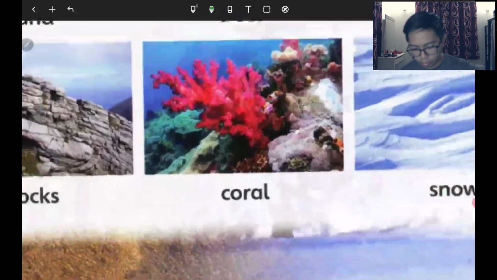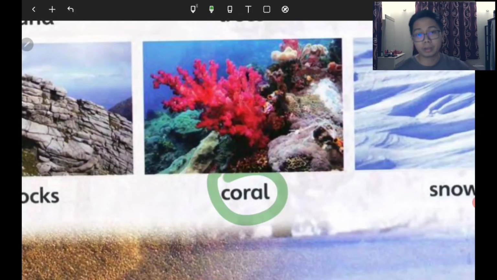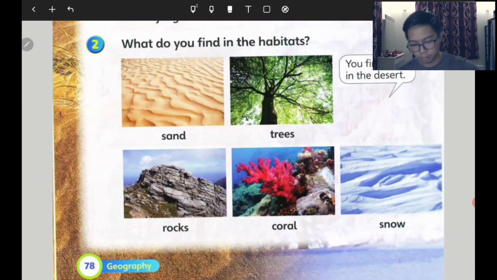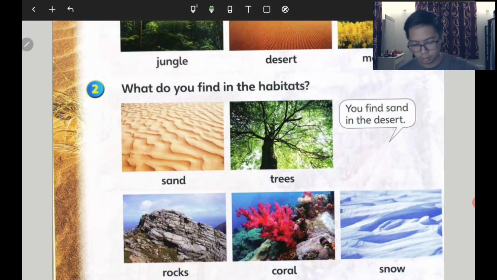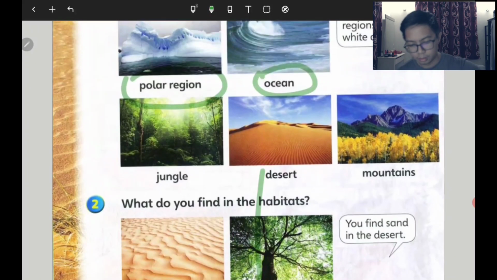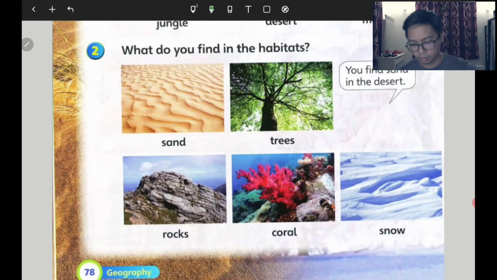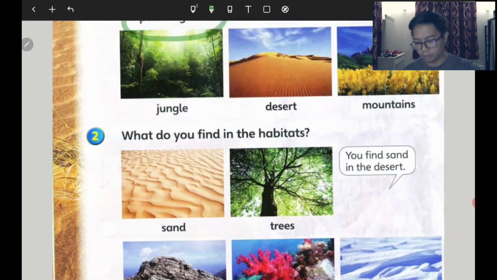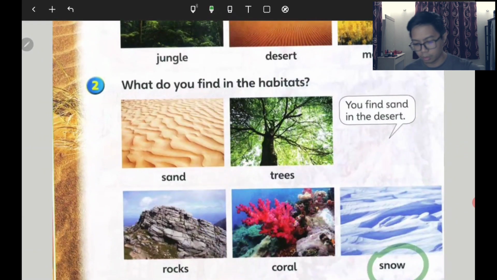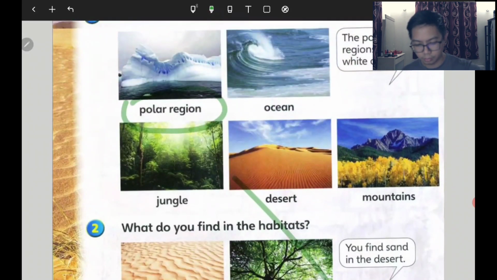How about coral? Where can we find coral? You find coral in the ocean over here. And lastly, we have snow. We can find snow in the polar region over here, right?